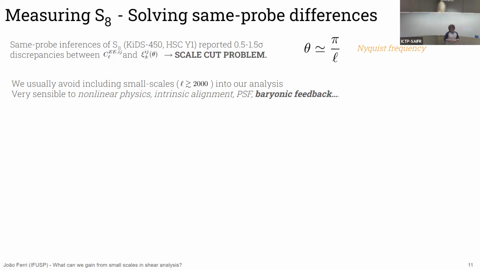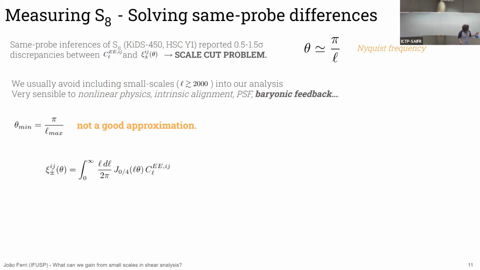So you cut, for example, I'm doing analysis in Fourier space. I will cut at multipole 2000, and then the logical thing would be that if I make the cut at 2000 in Fourier space, then in real space I would make the cut at pi divided by L. But making this cut is not a very good choice.